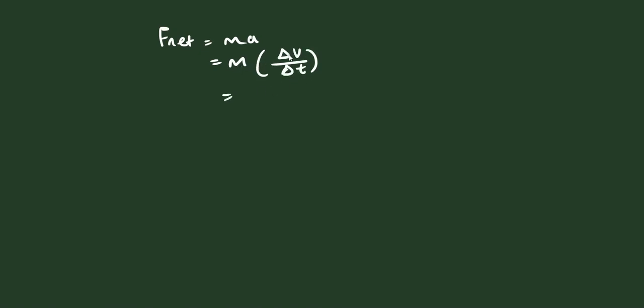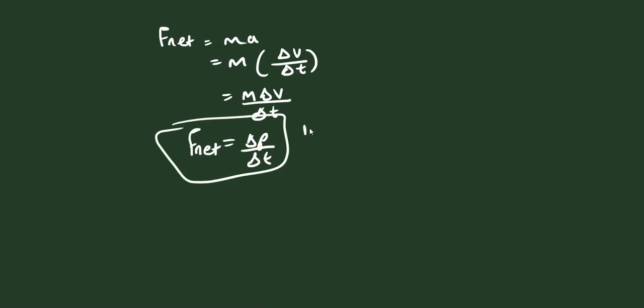And when you multiply m by change in v, you have m change in v over change in time. Do you see that this is the same as change in momentum? So this is then called Newton's second law in terms of momentum.